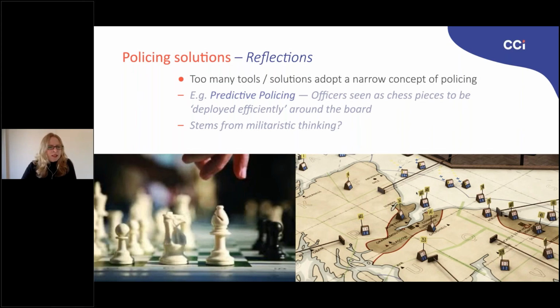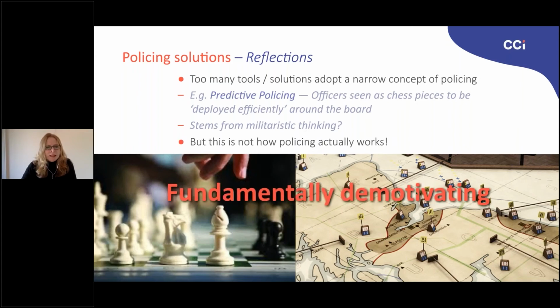And we suggested that this might actually stem from a military way of thinking about policing. And the problem is that it certainly does not reflect how policing actually works. Not only that, it's actually fundamentally demotivating for the police officers themselves.